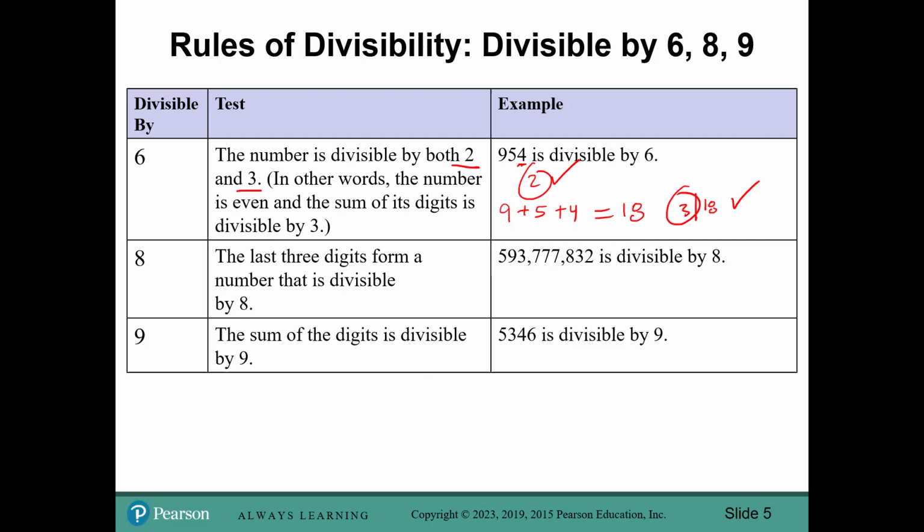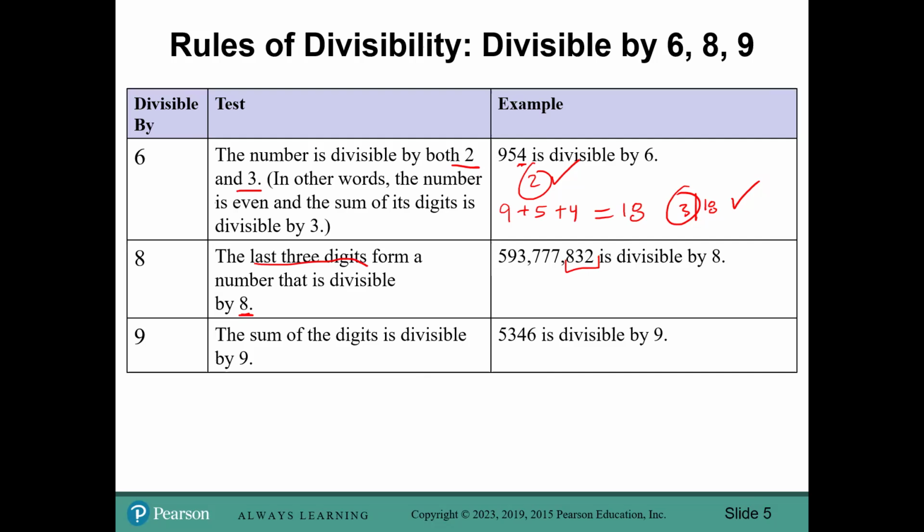With 8, 8 is similar to 4, but just a little bit different. We have to check 3 digits for 8. So we check the last 3 digits, 832, divisible by 8. That one is still not that obvious, but something is divisible by 8 if it's divisible by 2 three times.